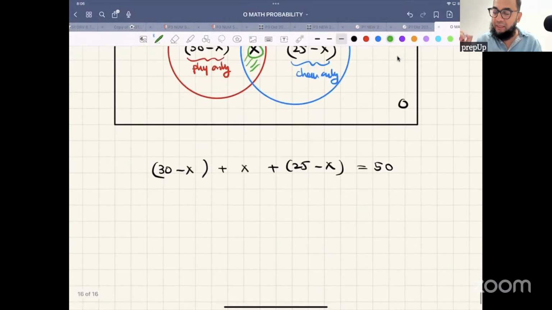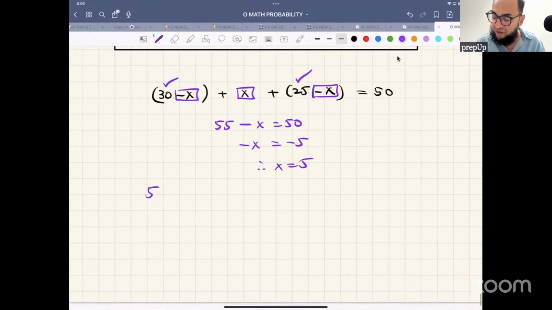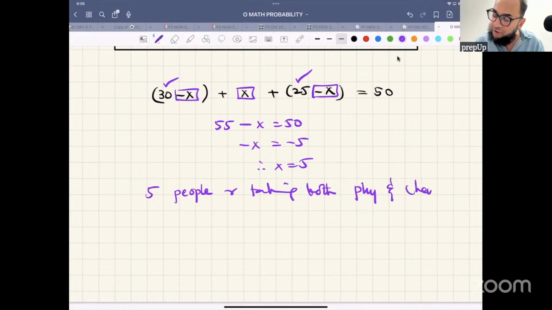So now over here, if I want to add this up, so this negative x, this positive x cancels out. 30 plus 25, that is 55, minus x remains, equals to 50. Therefore, negative x is negative 5. Therefore, x comes out to be 5. 5 people are taking both physics and chemistry.